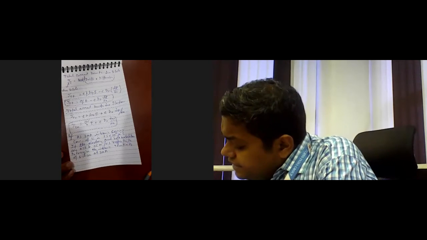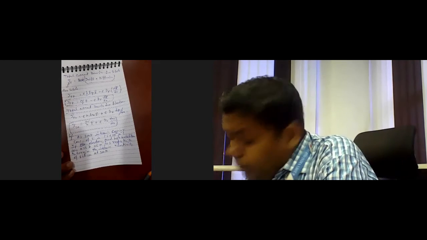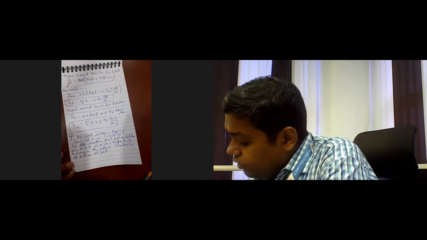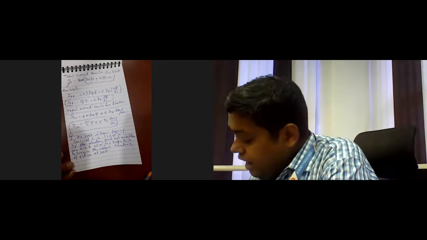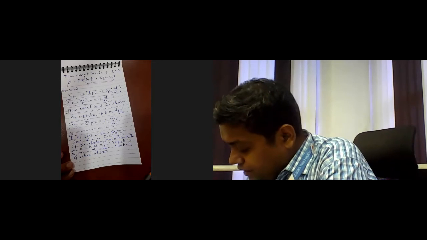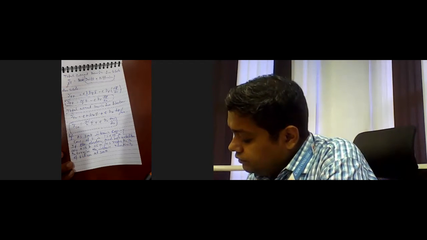At 300 Kelvin, the intrinsic carrier concentration of silicon is 1.5 into 10 to the power 16 meter to the power minus 3. If the electron and hole mobilities are 0.13 and 0.05 meter square per volt second respectively, determine the intrinsic resistivity of the silicon at 300 K.